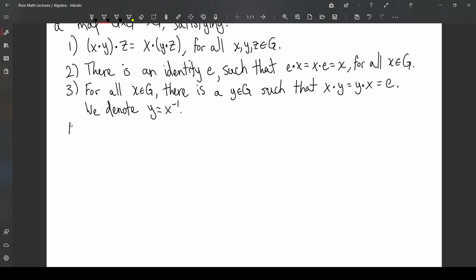So notice that x times y may not be equal to y times x in general.